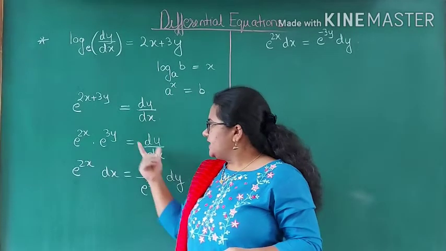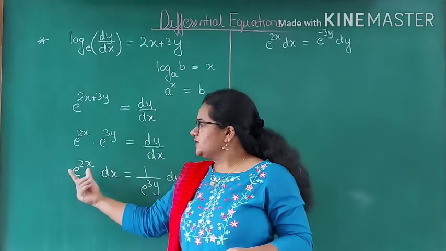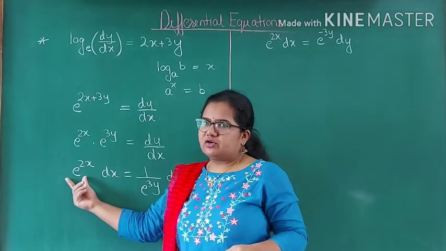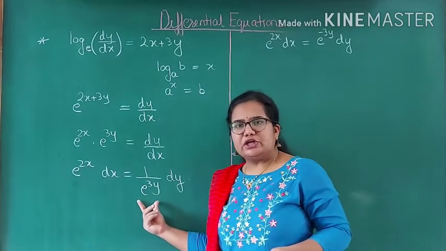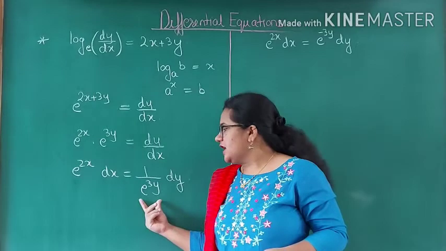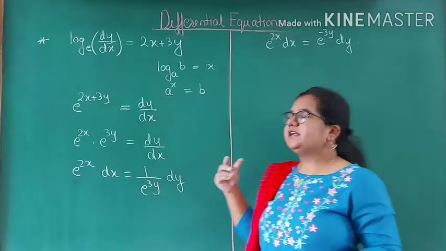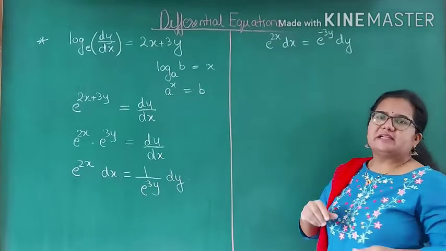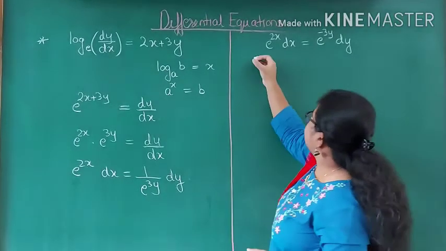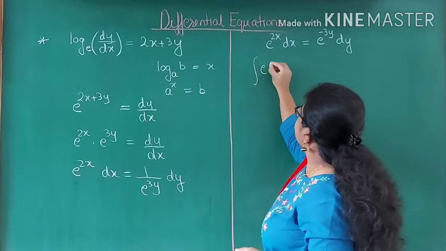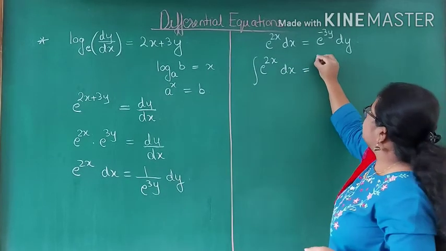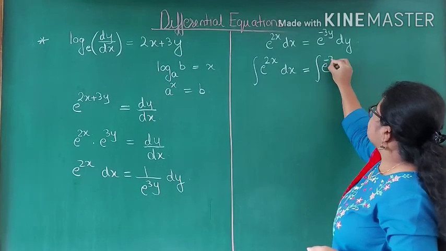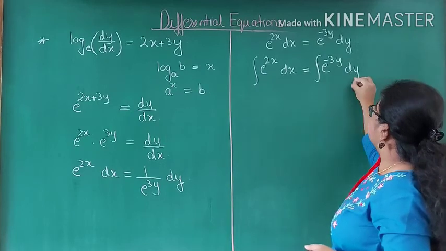Here if I take dx, it will come in the numerator on LHS. So the x function I have kept on LHS and the y function I am taking on RHS. It will go in the denominator by cross multiplication, and this term I will take in the numerator, so it becomes e raised to minus 3y. Now you can integrate on both sides. Integration of e raised to 2x dx is equal to integration of e raised to minus 3y dy.